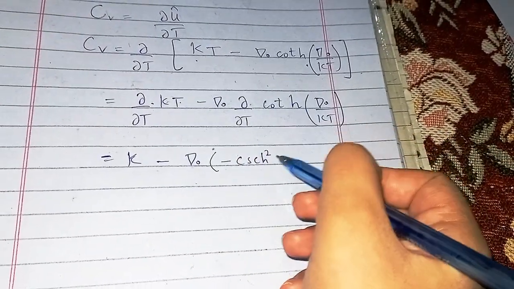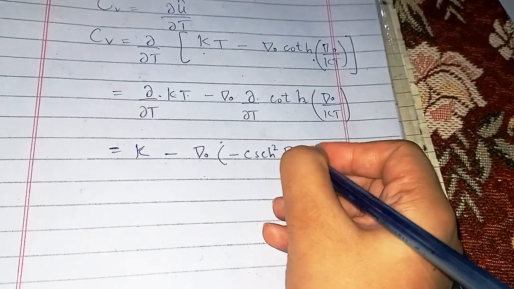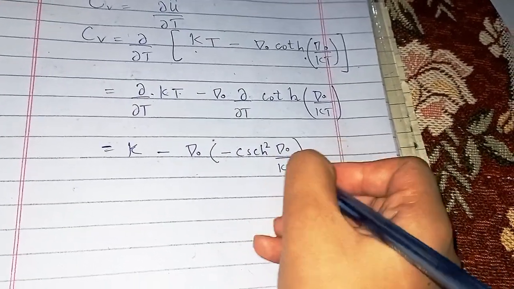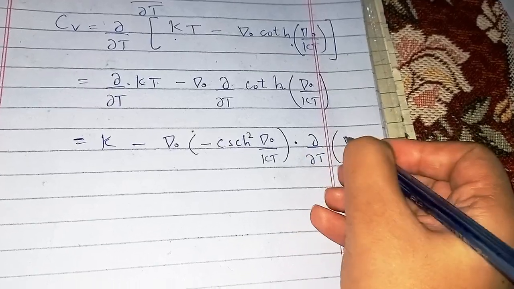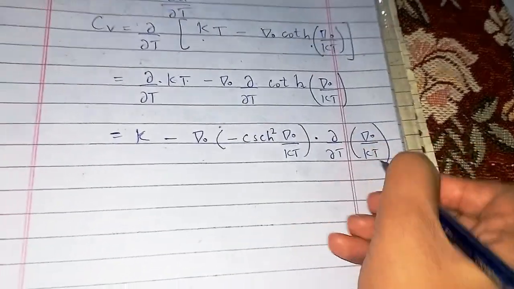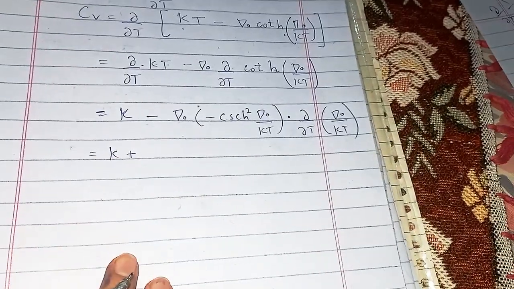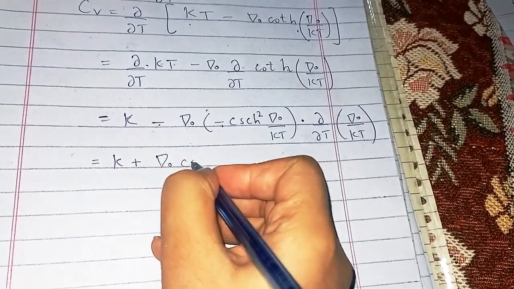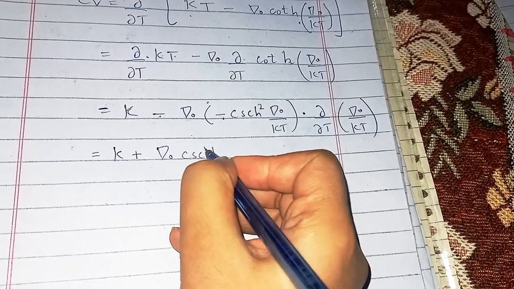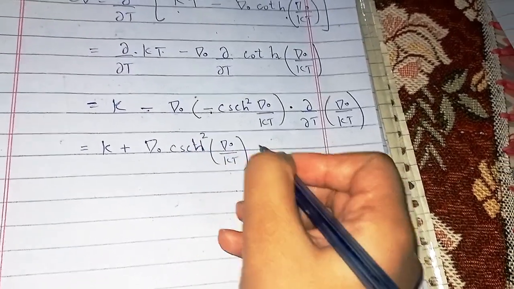Okay, cot changes into cosech squared, hyperbolic, so it's cosech² of δ₀/kt, times the derivative of the inner term, which is δ₀/kt. We haven't applied any limits so far. Okay, so minus minus plus δ₀ cosech² of δ₀/kt.